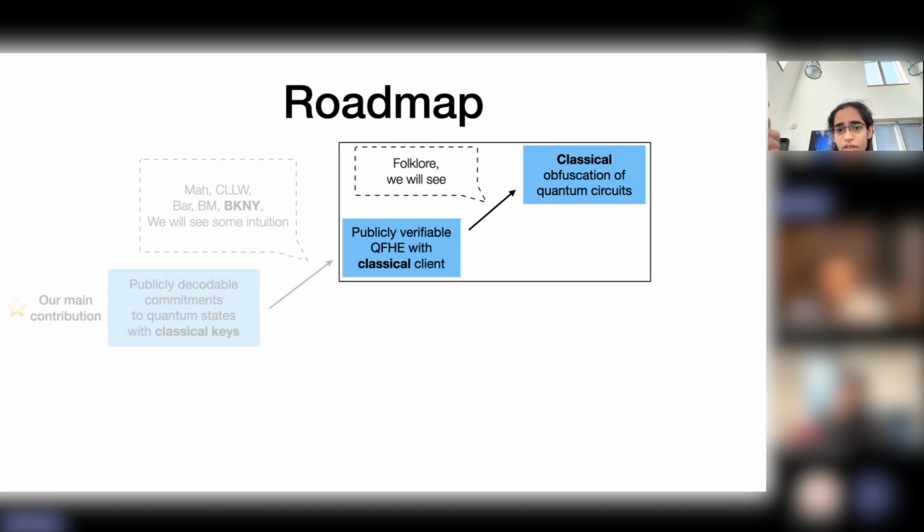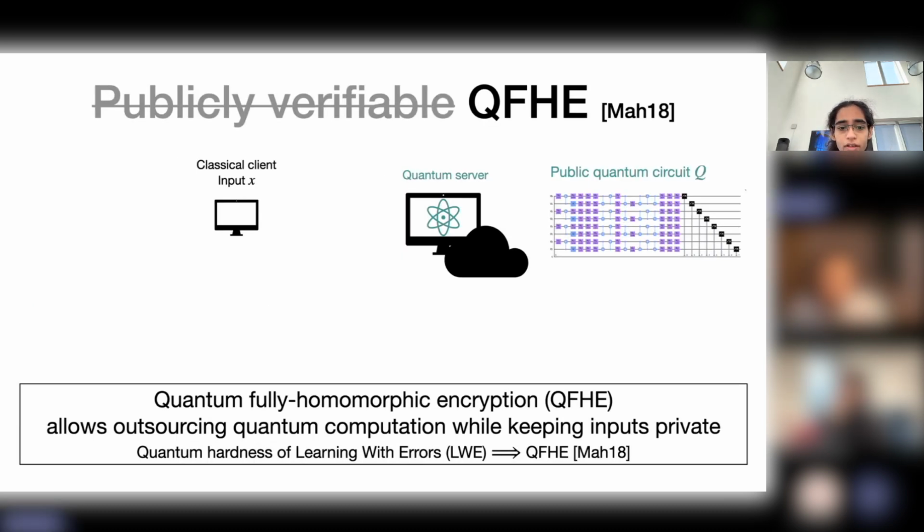Okay, so let's look at publicly verifiable QFHE. Ignore the publicly verifiable part for now. Just think of QFHE, or quantum fully homomorphic encryption. It's a cryptographic tool that allows you to outsource quantum computation while keeping your inputs private. In this setting, there's a classical client with some input X, and they really want to compute some quantum circuit Q on this input X, but they don't have a quantum computer.